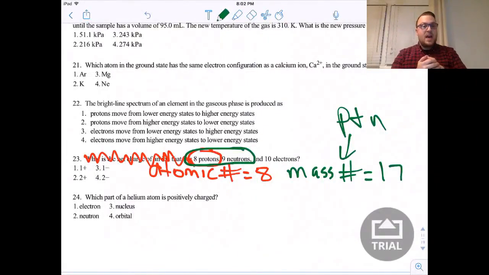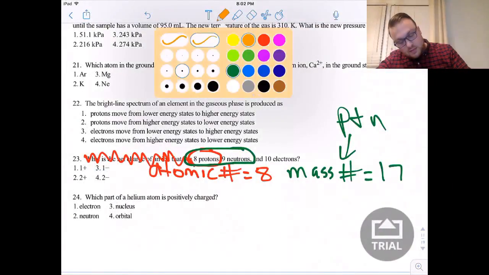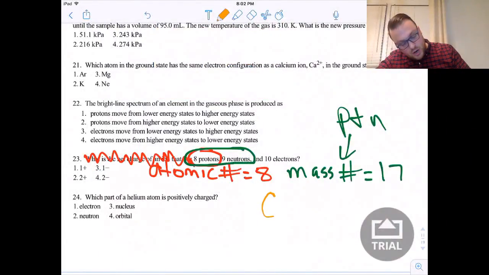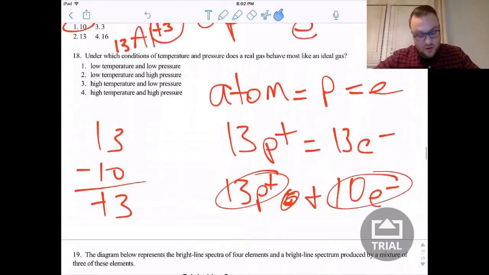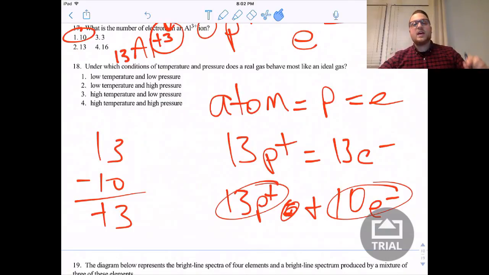Last but not least, charge is something involving protons and electrons. And in this scenario, we have the exact opposite of what we had here. Here, we had less electrons than protons, which gave us a positive charge.